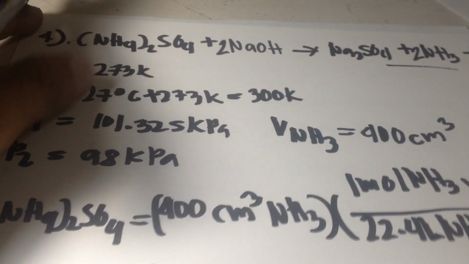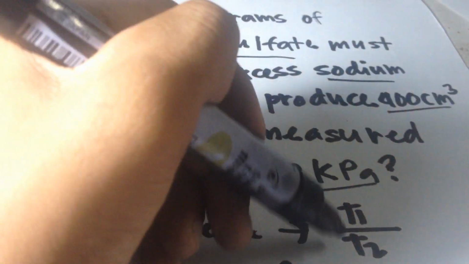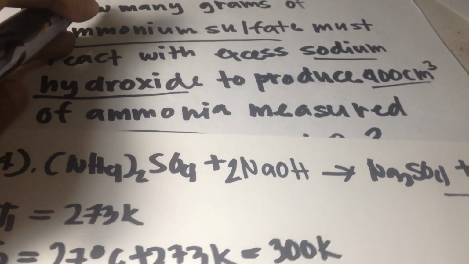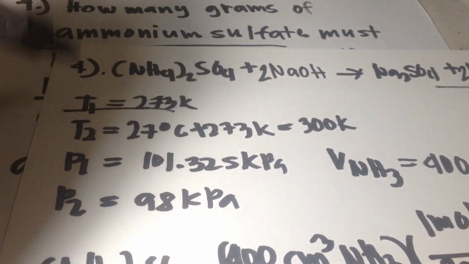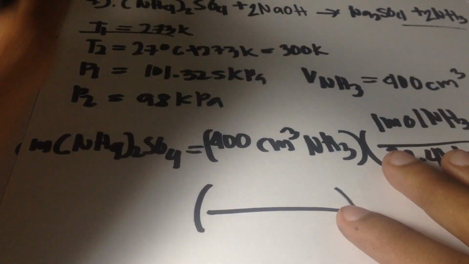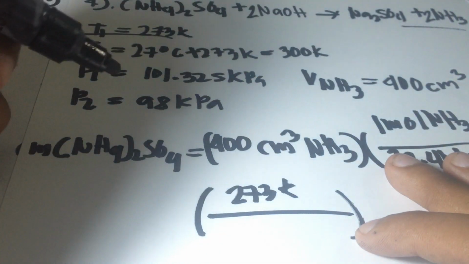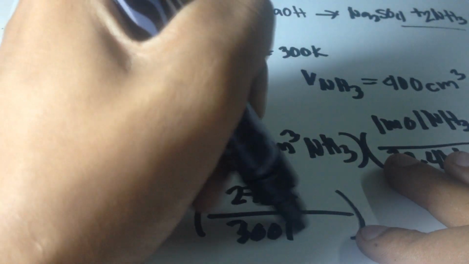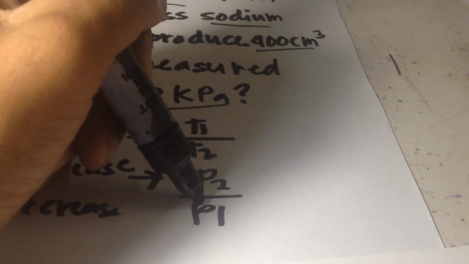Okay, and then times the ratio of temperature, which is T1 over T2. T1 here is 273 and T2 is 300. So 273 Kelvin divided by 300 Kelvin times the pressure ratio, P2 over P1.